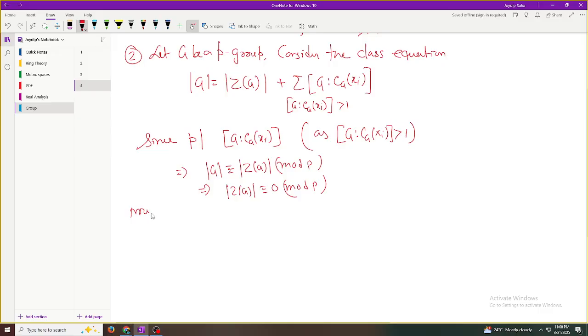Now the identity of G is in Z(G), this implies the cardinality of Z(G) is not trivial.